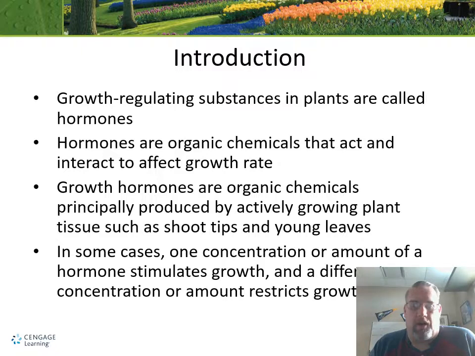Typically, they are made up of amino acids that form the chemical that is used to cause the growth. These occur naturally in the plant, and they can also be artificially processed and mimic a natural growth hormone by utilizing similar products.